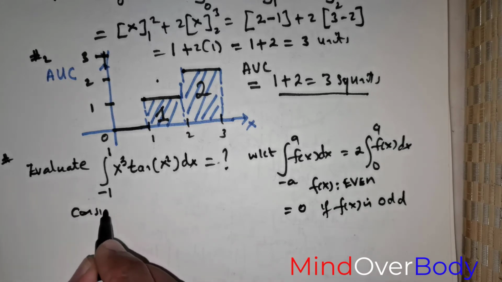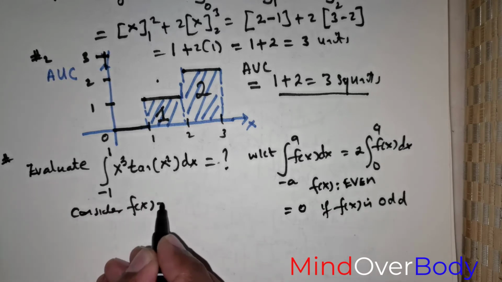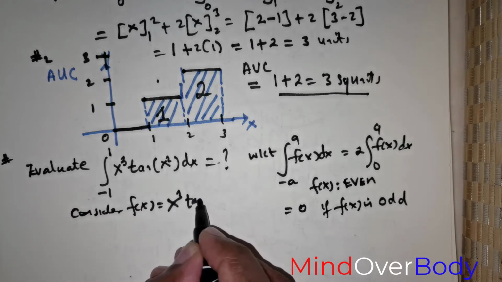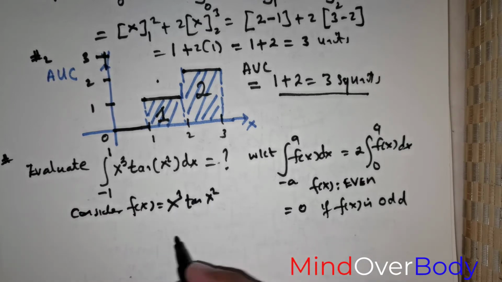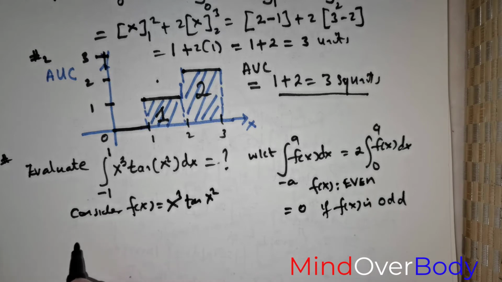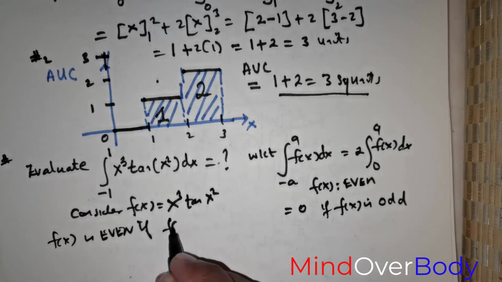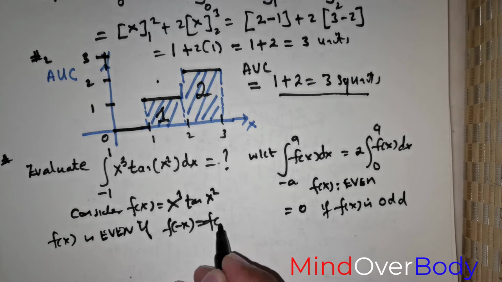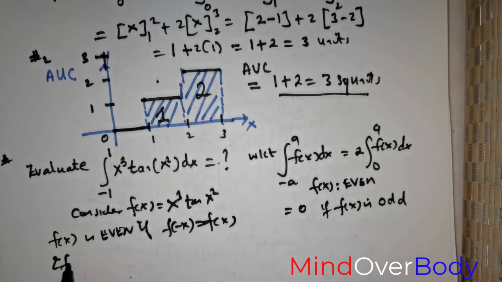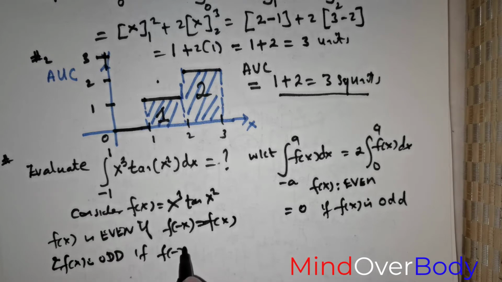So let me consider f of x to be equal to x to the power of 3 times tan of x squared. Now to ascertain if it is an even function, we need this property. f of x is even if f of negative x is equal to f of x, and f of x is odd if f of negative x is equal to negative f of x.